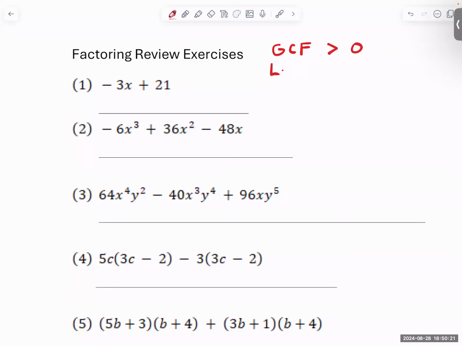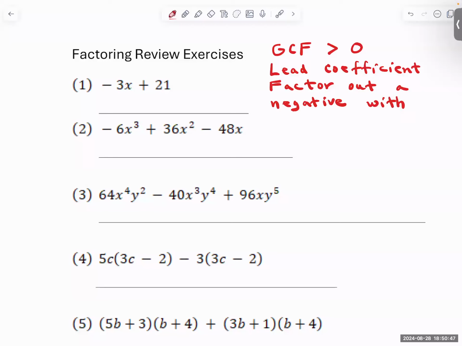However, when the leading coefficient is negative, like in this case, the leading coefficient is negative 3, we're going to factor out a negative with the GCF of positive 3, and factor out negative 3.